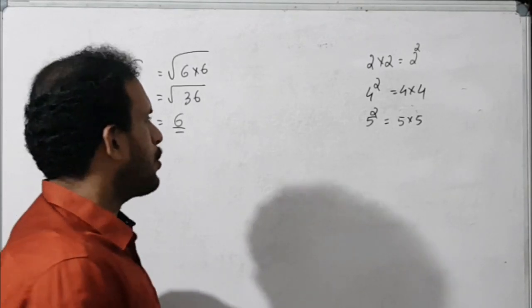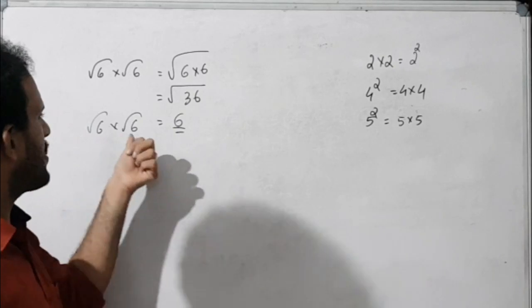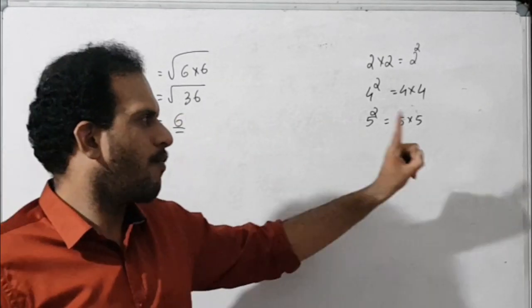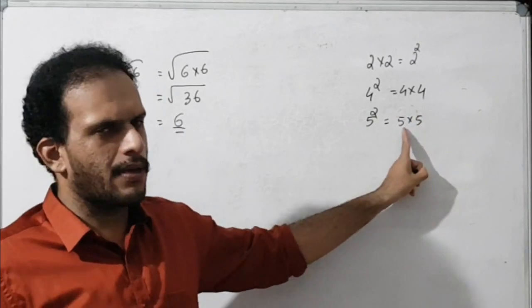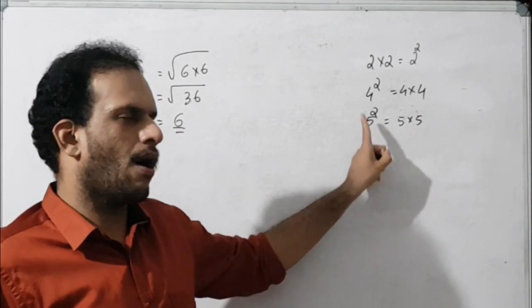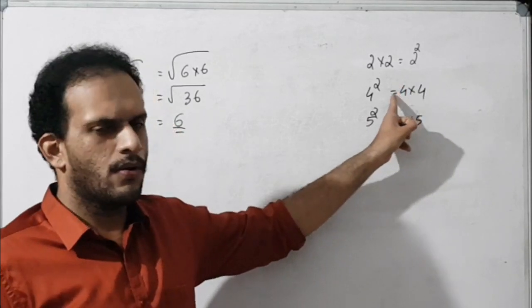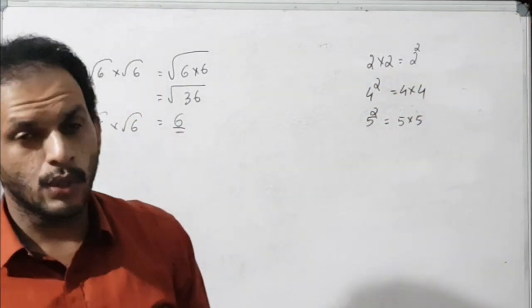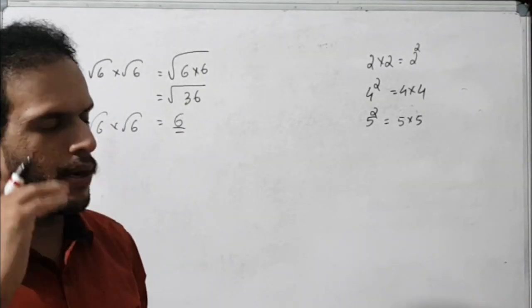As like that, how do we represent root 6 into root 6? Once again, 5 into 5 is 5 square, 4 into 4 is 4 square, 2 into 2 is 2 square. Correct?